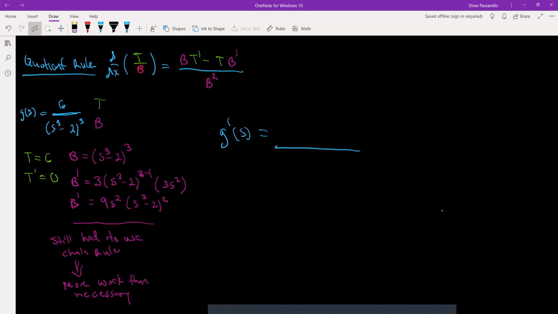The bottom function is s cubed minus 2 cubed, and then the top function's derivative is 0, so it'd be times 0. Then minus the top function, 6, times the derivative of the bottom function, that whole thing, 9s squared times s cubed minus 2 to the second power.